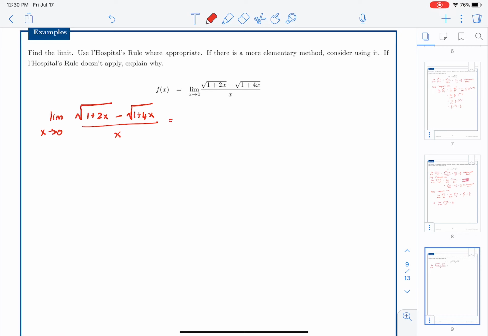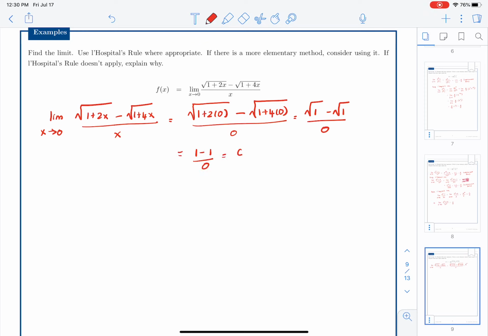When we apply the limit, we have the square root of 1 plus 2 times 0 minus the square root of 1 plus 4 times 0, divided by 0. We have the square root of 1 minus the square root of 1 divided by 0, which is 1 minus 1 over 0, and that would be 0 over 0, an indeterminate form.